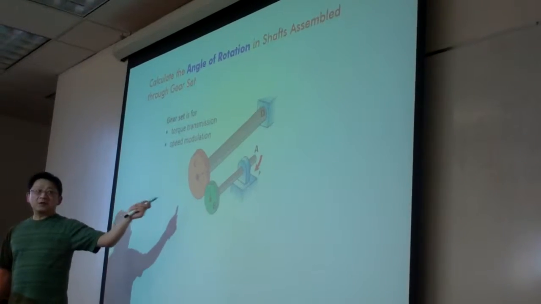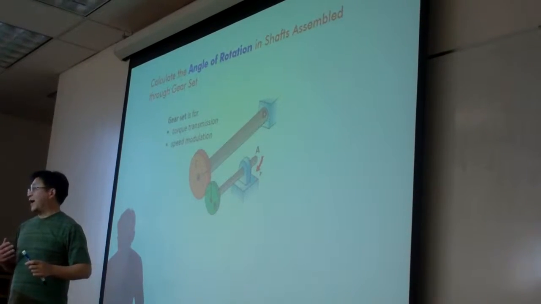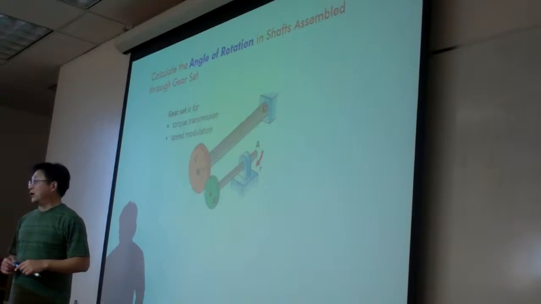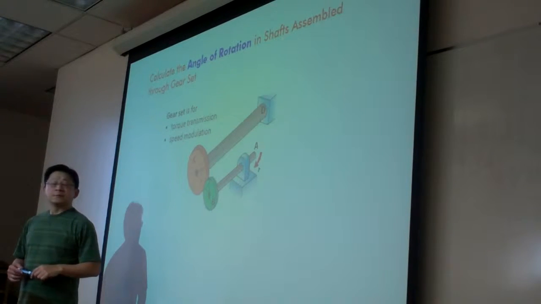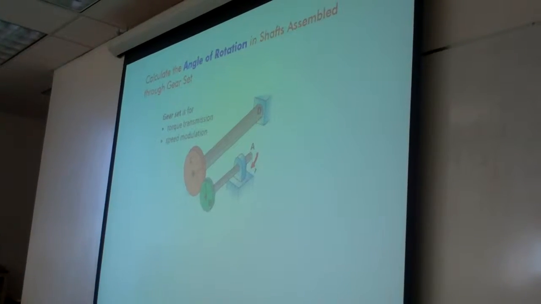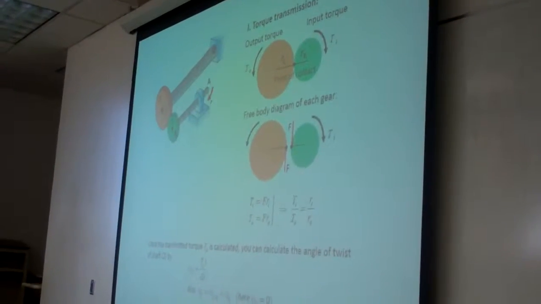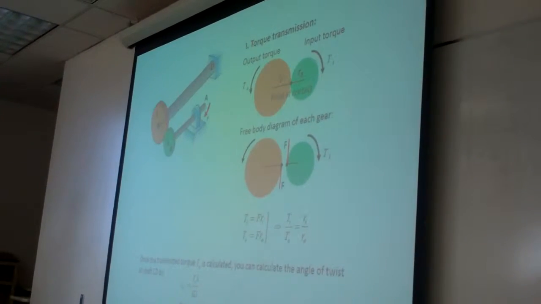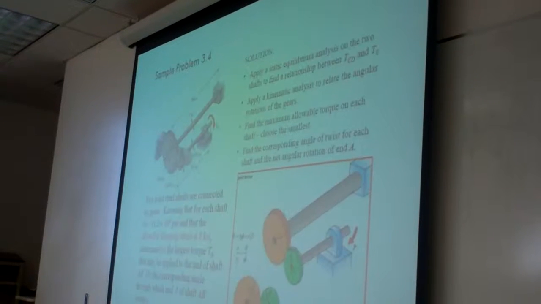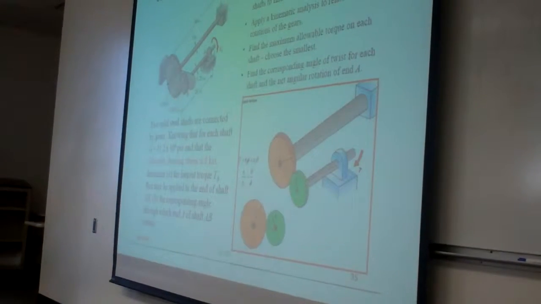So basically the gears work as the compatibility equation for our calculations. Those are the principles. I will come back to this page later, and I would rather use one example directly to show you.